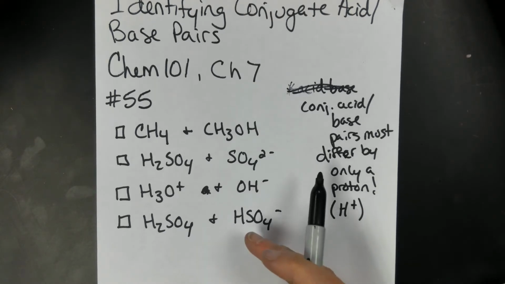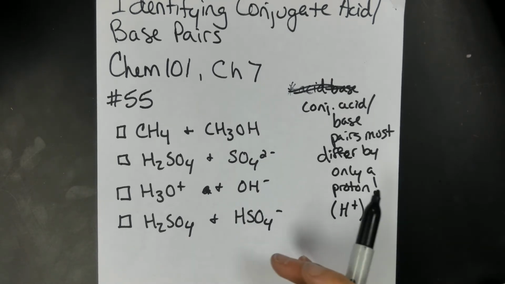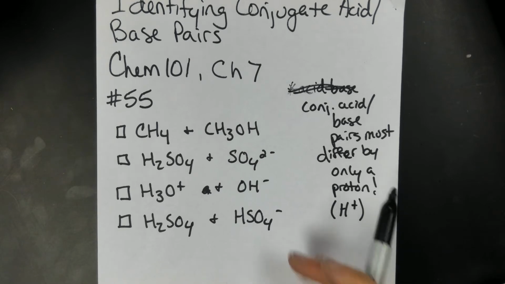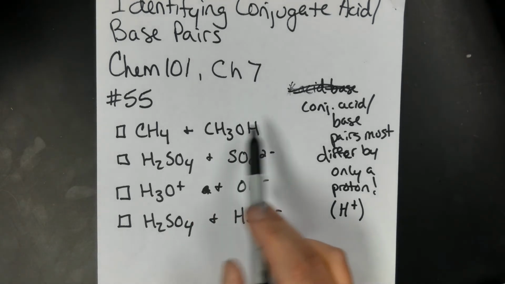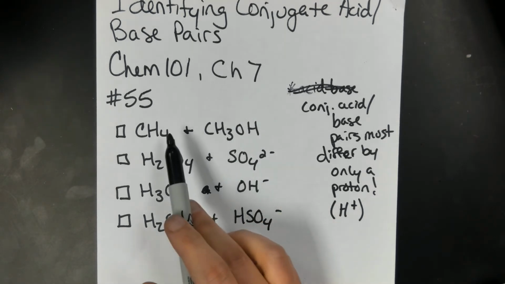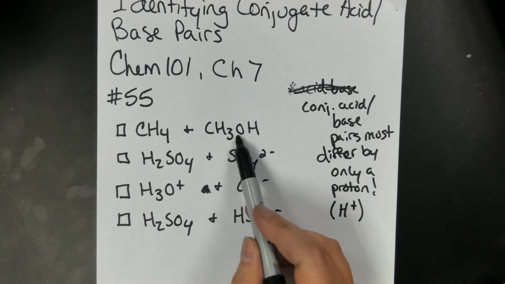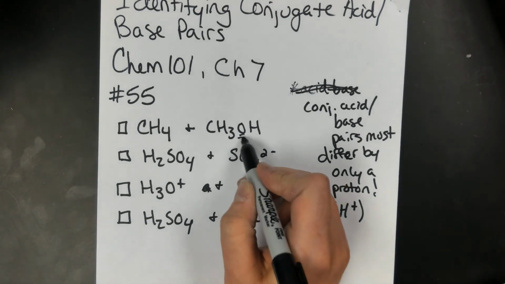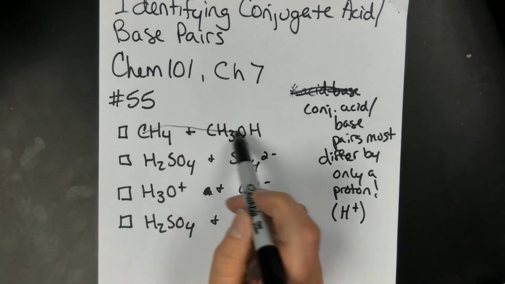It might be a -2 and a -1, or a -3 and a -2, but those numbers differ by only one charge. These both have a charge of 0, they're not ions, and they differ by an oxygen. So these can't possibly be conjugate acid-base pairs. So no.